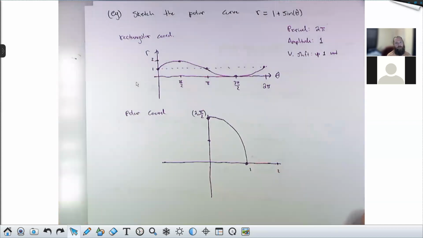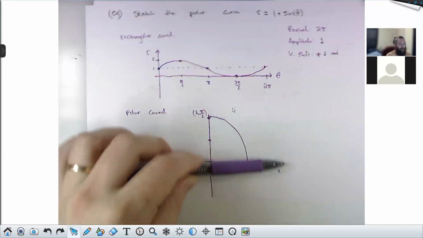It's going to produce something like this. The line will always be perpendicular to these rays. That's a useful fact. So this portion of the curve comes from this portion of the rectangular graph.